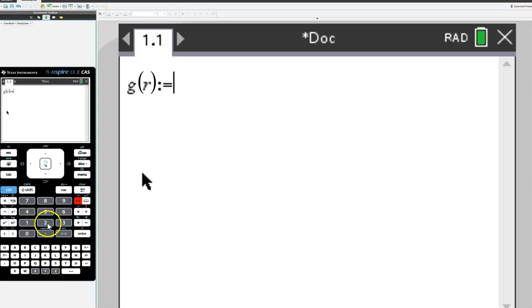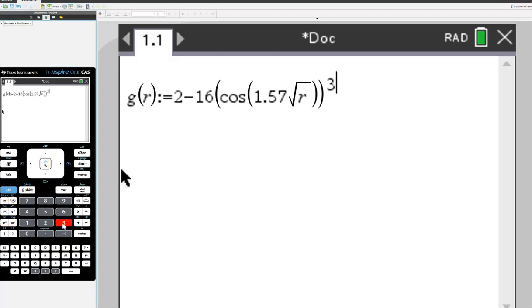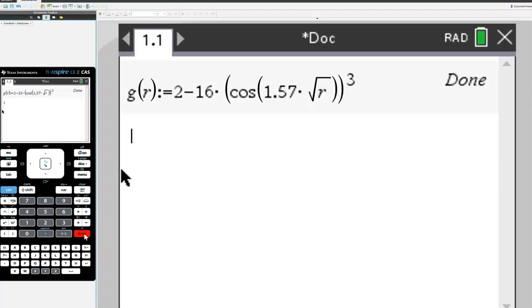So g of r is 2 minus 16 times cosine of 1.57 times the square root of r, and then that whole cosine function I need to cube. Grip it and rip it. Boom, stored to memory.